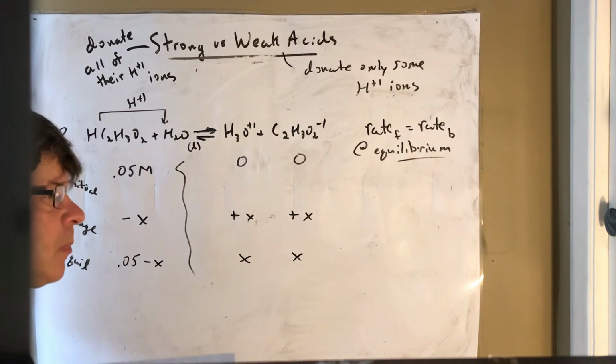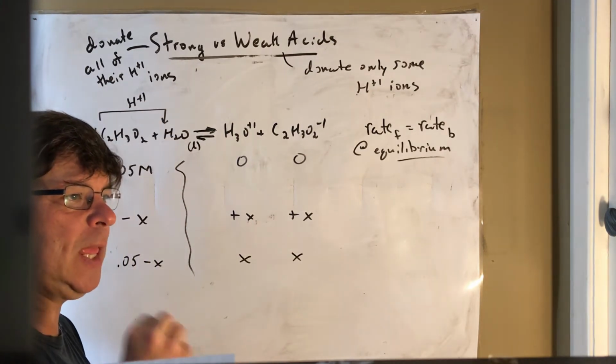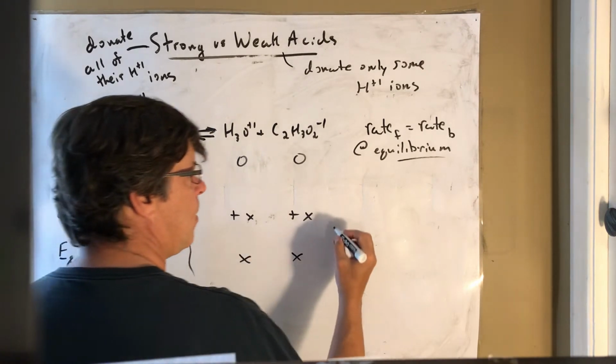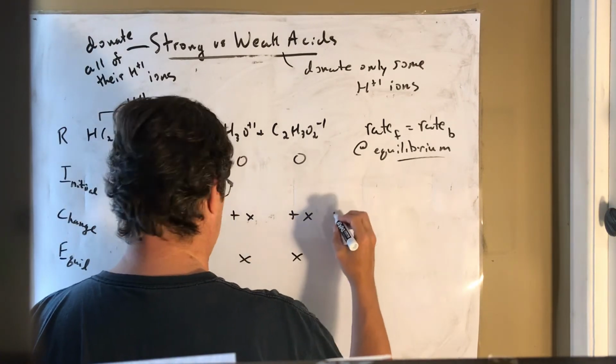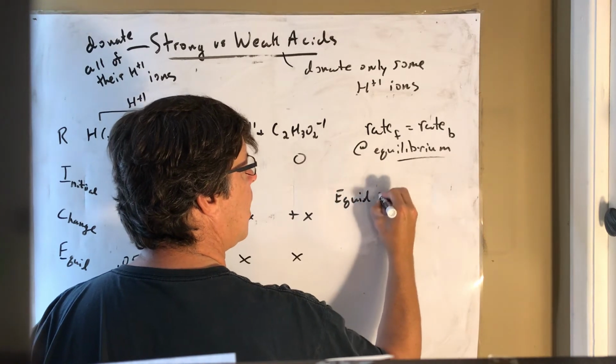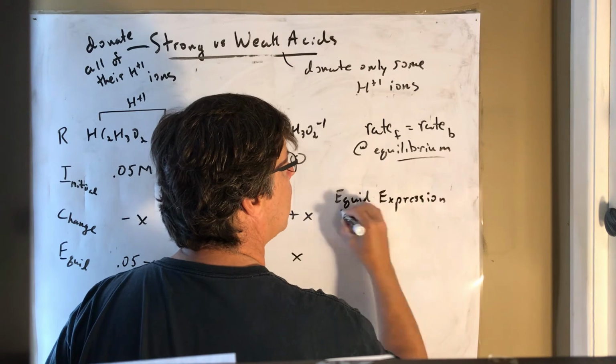All right. Next thing, we have to teach you how to write equilibrium expressions. So let me write right here, equilibrium expression. All you need to do is remember products over reactants.